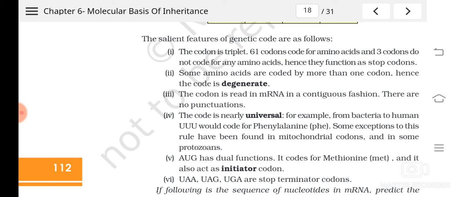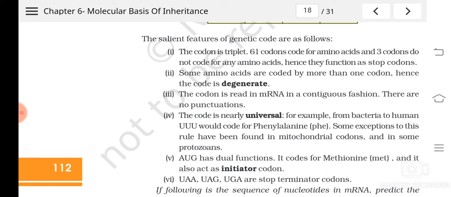So it is an additional advantage. Then the codon is read in mRNA in a continuous, contiguous fashion, without any comma or punctuation. So if a mutation like an insertion happens, it will be problematic, because the next letters will be taken as the 3 letters. Without any punctuation or full stop, it is just read continuously.